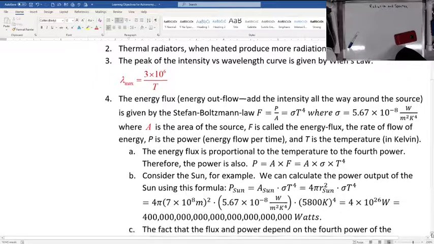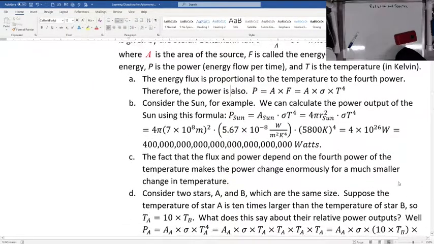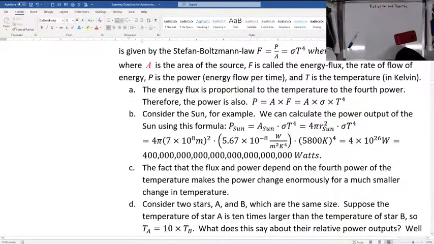And so I'm just going to give you a little example down here. I calculate the power emitted by the sun, and I rearrange this formula a little bit from the one we just had. So let me scroll back up there for a second.